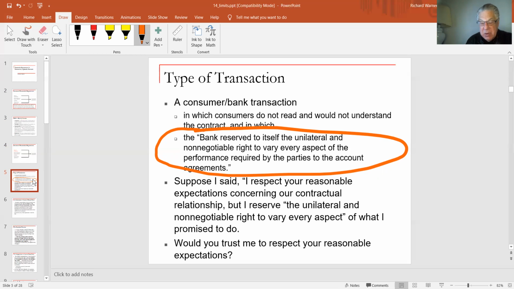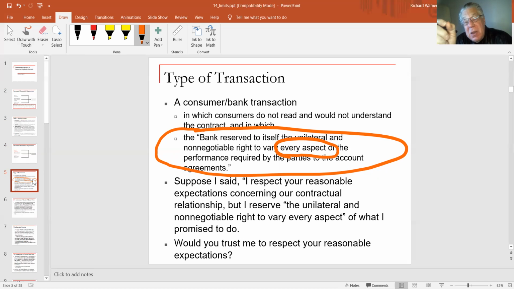And this is what really causes the problems for the court. So the court says, look, okay, this is the consumer bank transaction. We know they don't read and wouldn't understand those. We made that point very early on when we were discussing unconscionability, right? That's a standard point about consumer contracting.